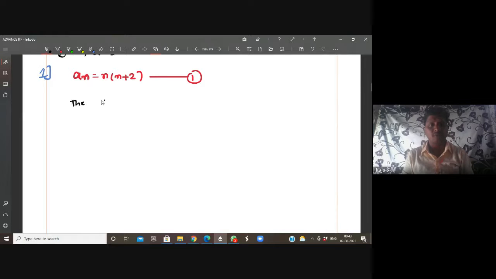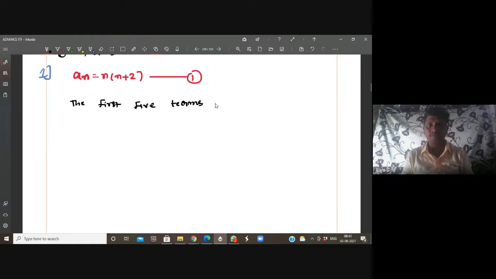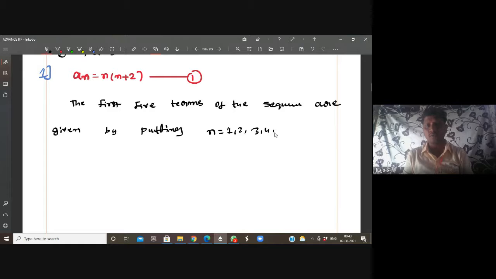The first five terms are 3, 8, 15, 24, 35. You have to write like this in NCERT: the first five terms of the sequence are given by putting n equal to 1, 2, 3, 4, 5.